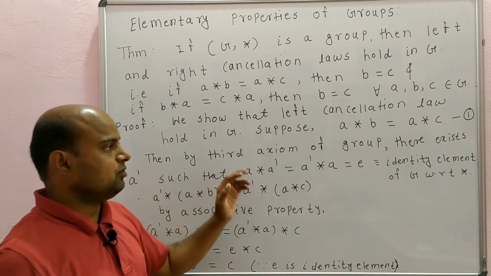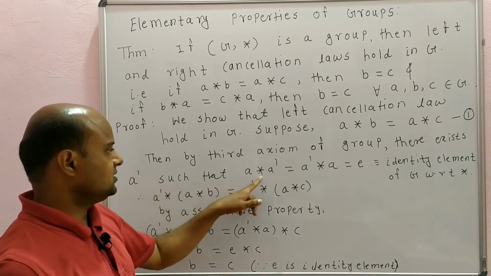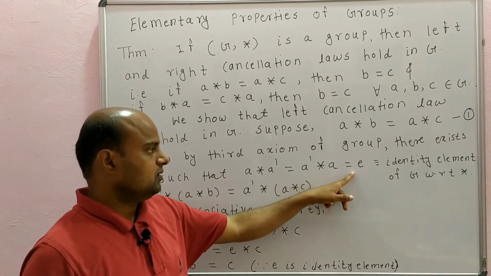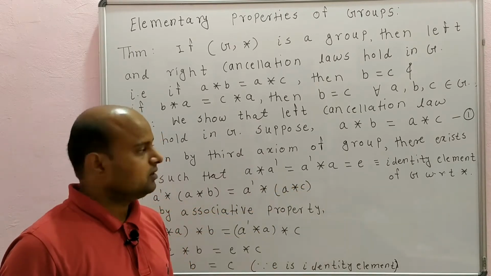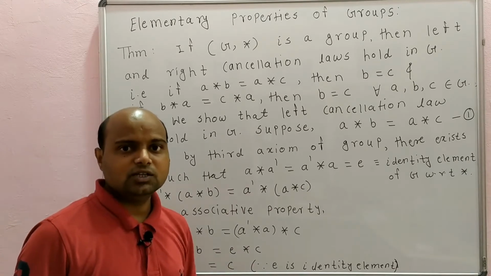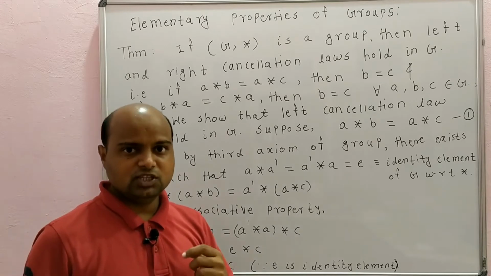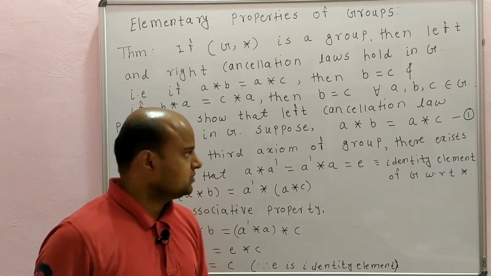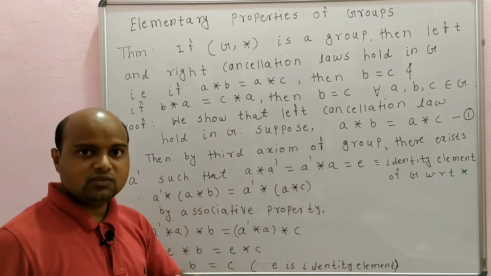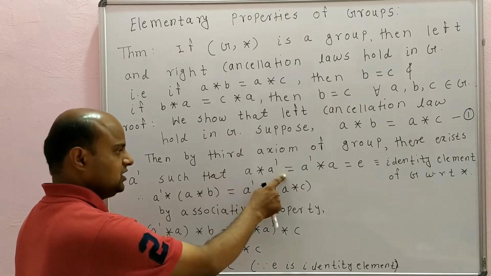Then by the third axiom of a group, there exists A dash such that A star A dash is equal to A dash star A is equal to E, where E is the identity element of G with respect to star. We know the third condition of a group is that every element has an inverse with respect to the binary operation star, and A is an element of G, therefore there exists A dash such that this condition is satisfied.